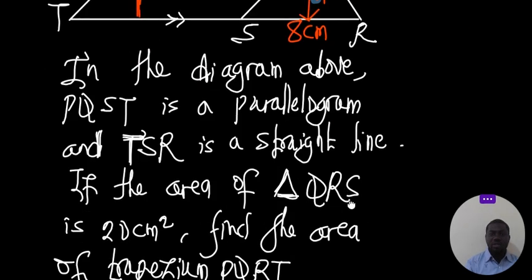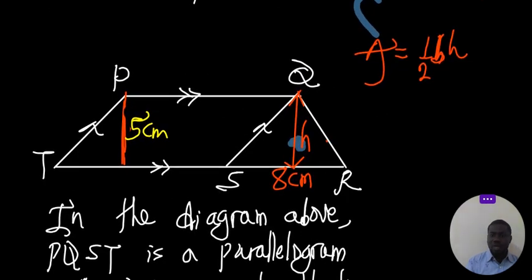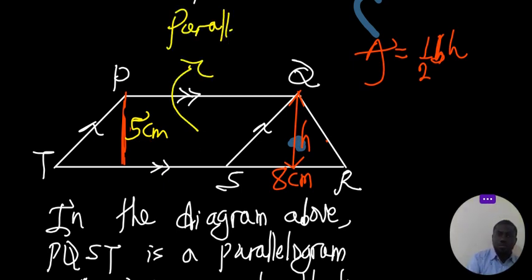Now let's check what we are required to find. We are required to find the area of trapezium PQRT. Look at the trapezium PQRT. So that means the entire shape is a trapezium. But we know that PQST is a parallelogram. So let's find the area of this parallelogram. Area of parallelogram is simply base times height.